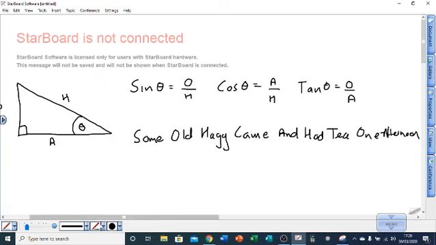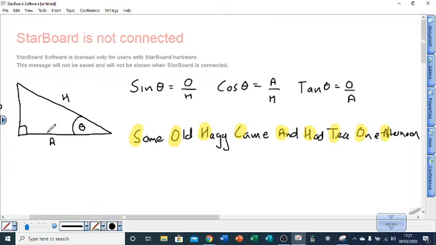And you can clearly see if that's the case, the S is for the sine, it is opposite divided by hypotenuse. The cos is your adjacent divided by your hypotenuse, and your T for tan is your opposite divided by the adjacent. Some old hag came and had tea one afternoon.